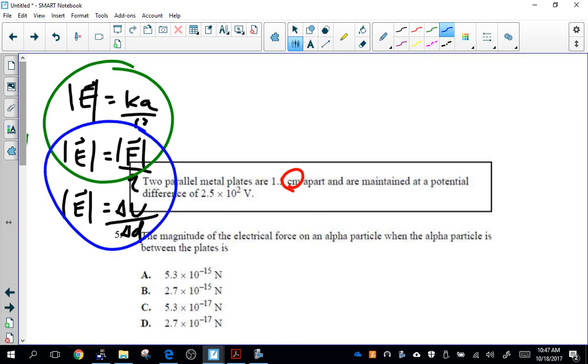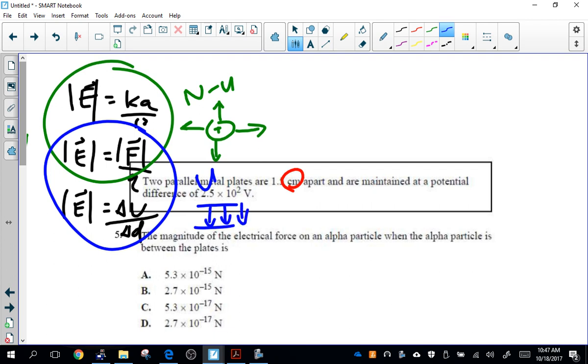Green ones are valid in a non-uniform electric field, right? Something like this. Blue ones are valid in a uniform electric field, where the electric field might look something like this.